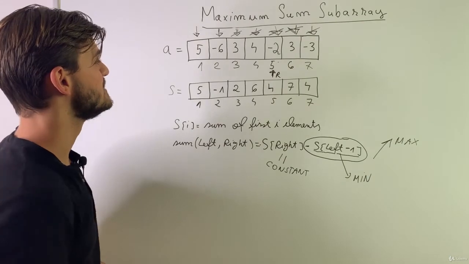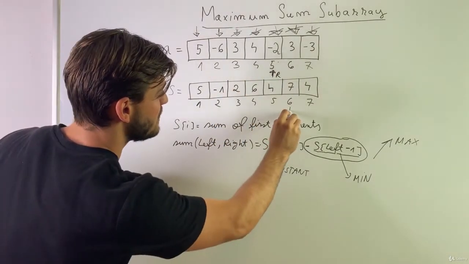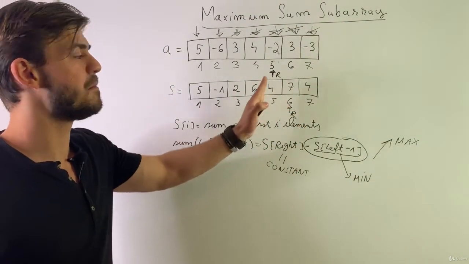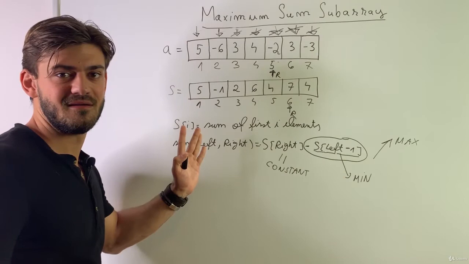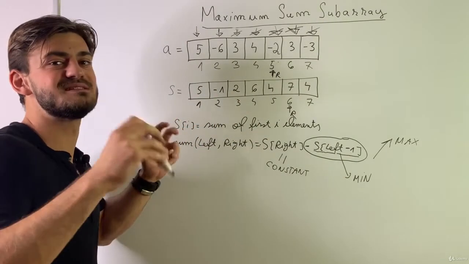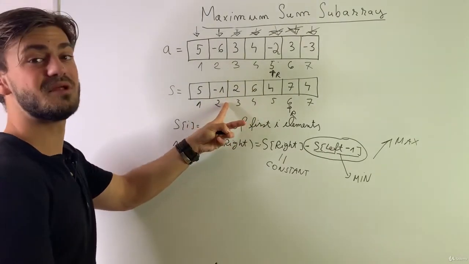If our solution was this subarray from 3 to 6, I'm going to have my right pointer here on 6. Okay? So I'm going to have 7 minus something. Alright? So I have to choose definitely the smallest something. And that is minus 1. 7 minus minus 1 is going to be 8.